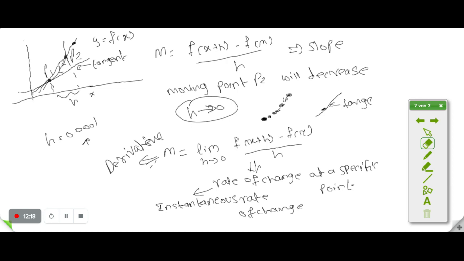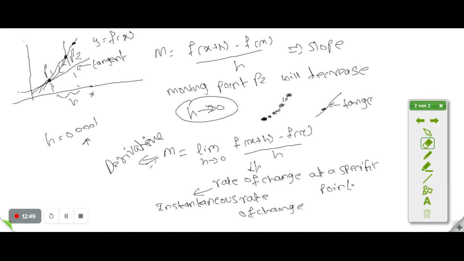You are basically finding a slope between two points, but if you want to find the slope at that very specific point, or the rate of change of a function at a specific point, you can do it by applying limits to the slope, and that concept is called a derivative. I hope you understand this concept, because this is very important and fundamental to calculus.